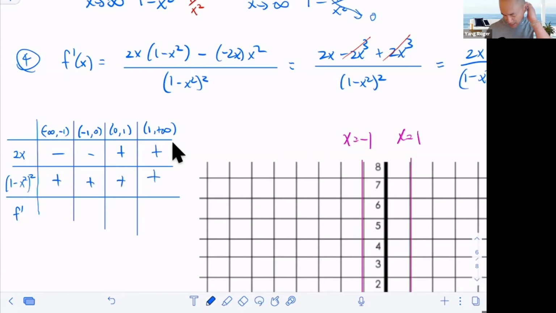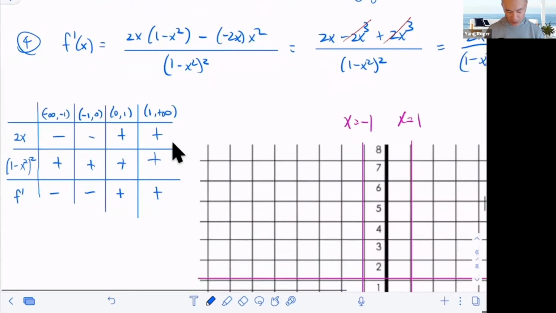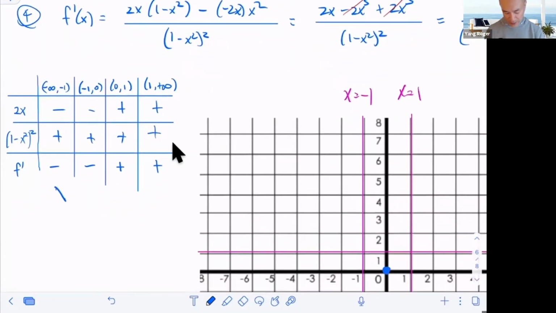So in the end, a negative times a positive is a negative, a negative times a positive is a negative, a positive times a positive is positive, and positive times positive is positive. So what do I know? It's going to be decreasing, then decreasing, then increasing, then increasing. Are there any questions about that?